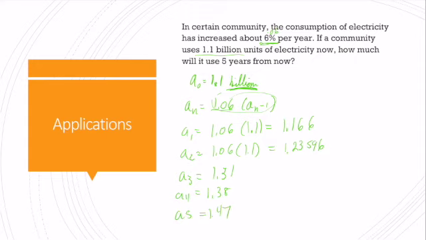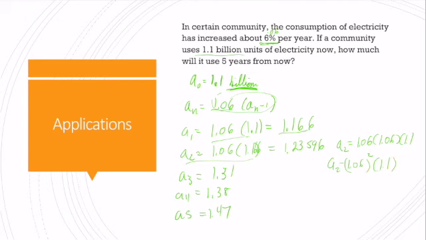Now what I want us to see, though, is that for a sub 2, and the same thing's true for the previous problem, a sub 2 equals 1.06 times 1.166, which is 1.06 times 1.06 times 1.1. This is 1.06 squared times 1.1.